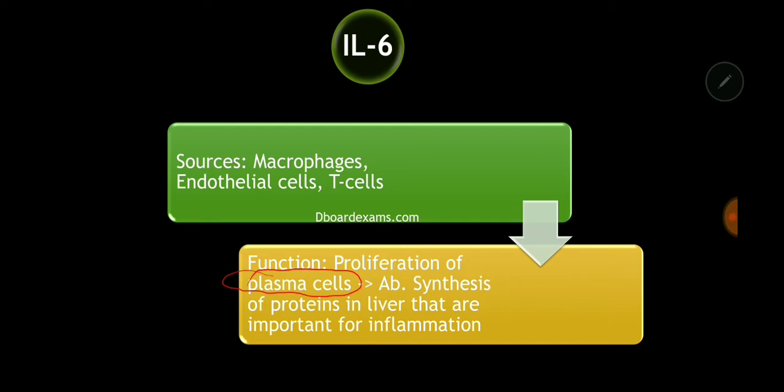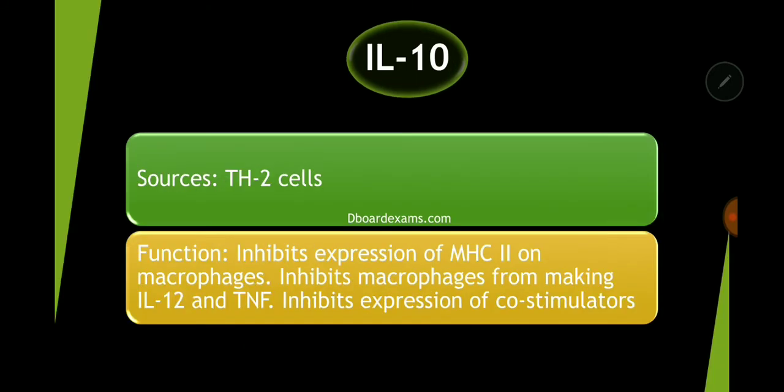These are already B cells which have matured to become plasma cells, and therefore the synthesis of immunoglobulins is increased, and this enhances the immune response. So you have to understand the functions of interleukins. The synthesis of proteins in the liver that are important for inflammation is also increased when IL-6 is produced. So these interleukins are signals for other cells to take action.